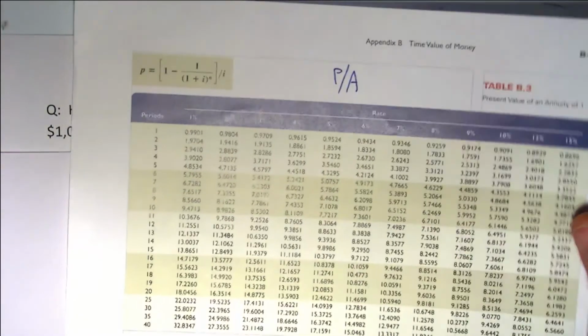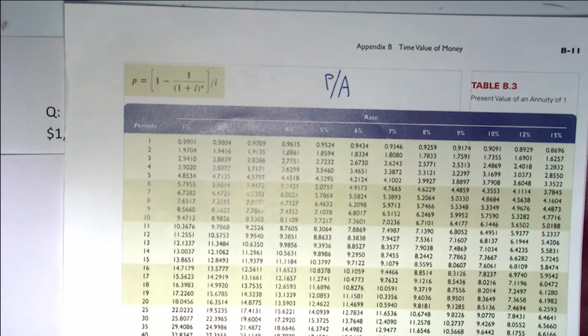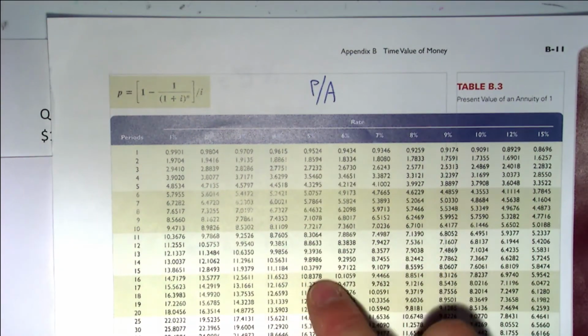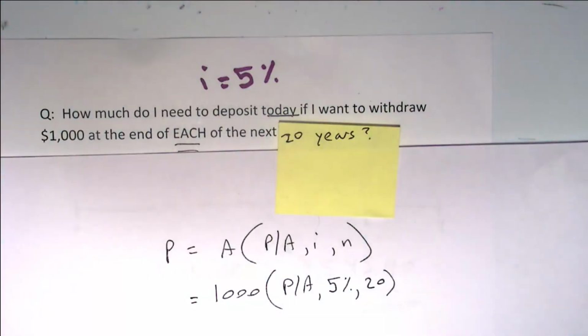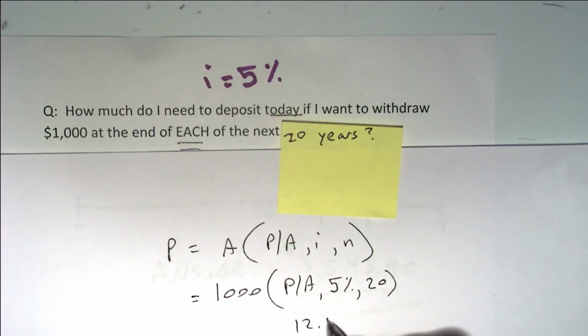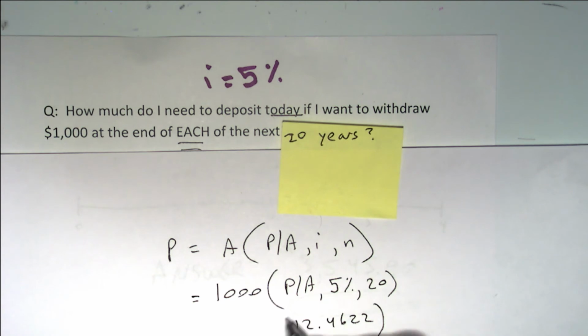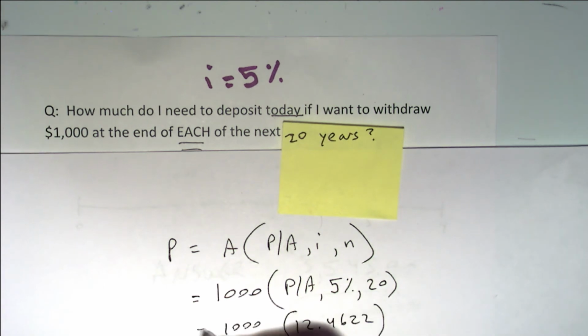I've memorized these tables, but I'll go ahead and let you look at them. Start memorizing this one too. I'm kidding. P of A 5%, 20. Did you get 12.4622 times 1,000?